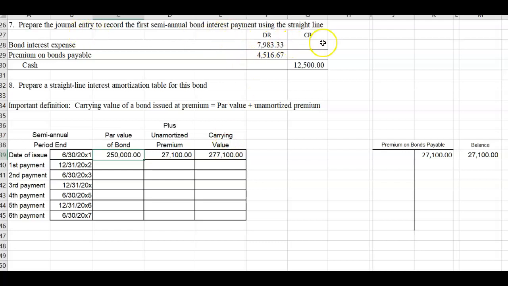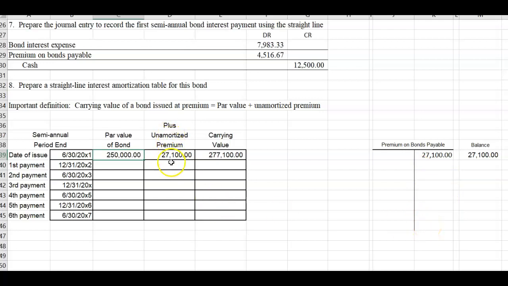Each time under the straight line method of amortizing that premium on bonds payable, each time we make a payment of bond interest, we're going to debit the premium on bonds payable account, which means the balance in the premium on bonds payable account will get smaller and smaller until it gets to zero.